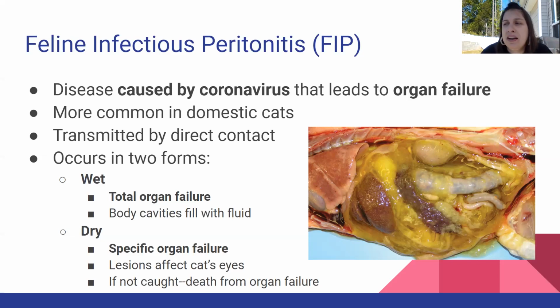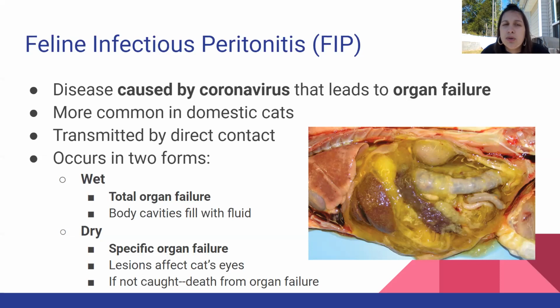The one we're dealing with right now is just one of the many. FIP is caused by a coronavirus, and rather than this one affecting the respiratory system like COVID-19 does, this one ends up affecting other bodily systems, like the digestive system most typically.